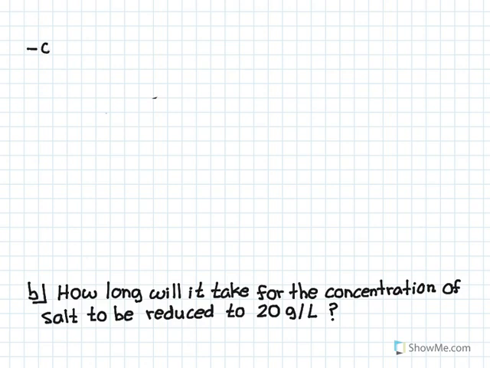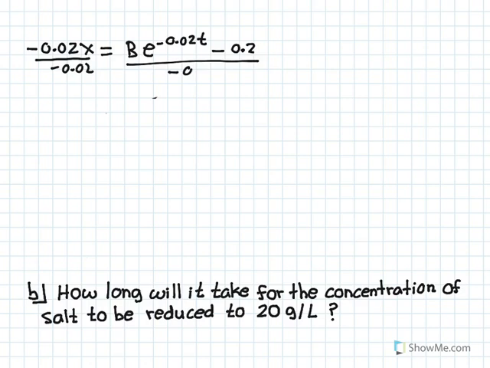We have negative 0.02x is equal to b e to the negative 0.02t minus 0.2. Divide both sides by negative 0.02. Solving for x, we get x of t is equal to 1 divided by negative 0.02, which is negative 50, b e to the negative 0.02t, and minus 0.2 divided by minus 0.02, that's plus 10.